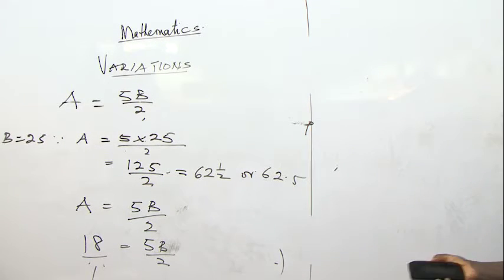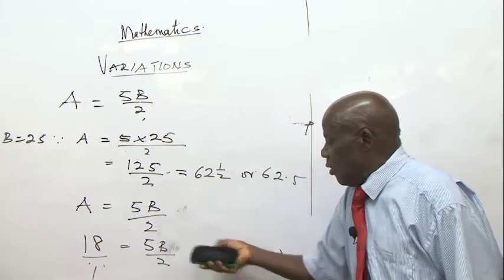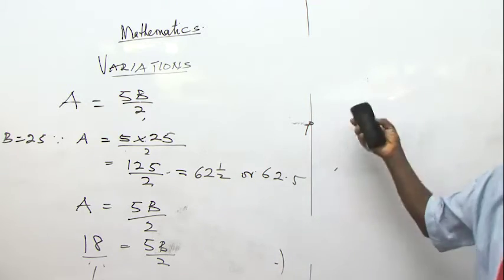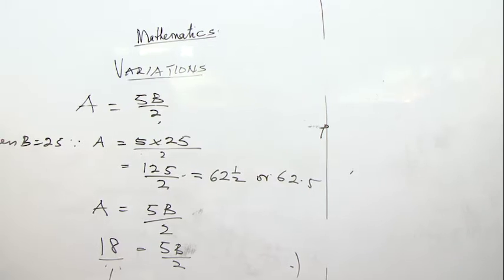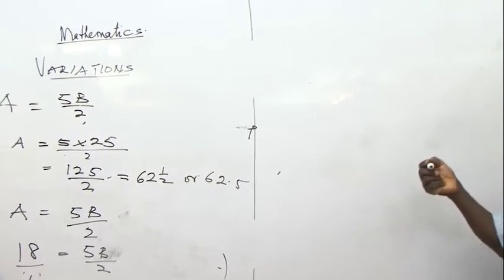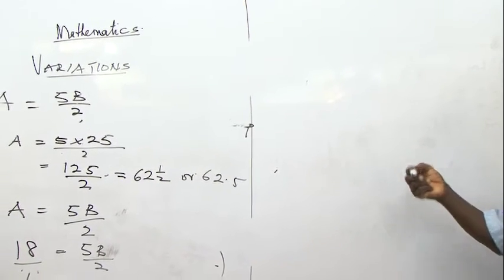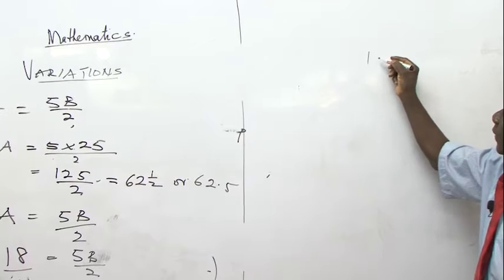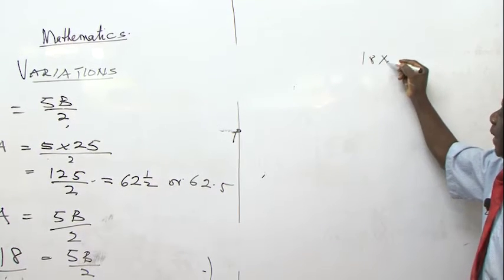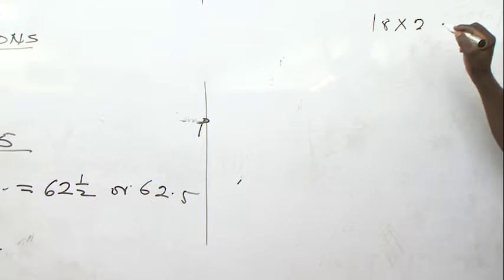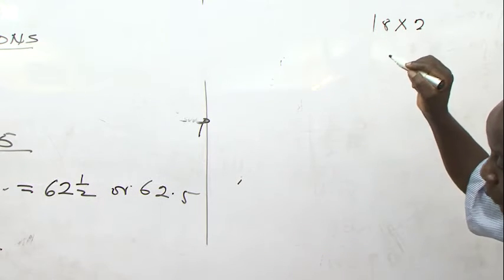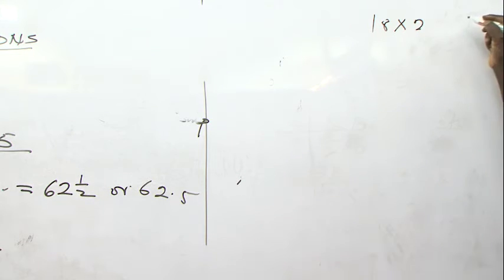You just cross multiply on the sheet of paper, and then you write down the answer. Cross multiply: 18 multiplied by 2 equals 5B. You know 5B times 1 is 5B.